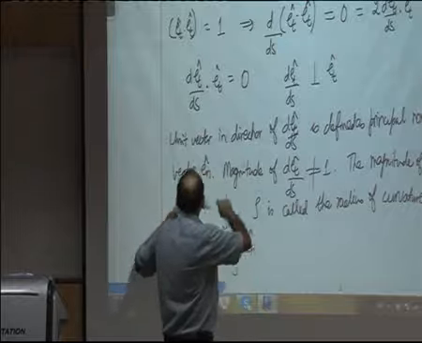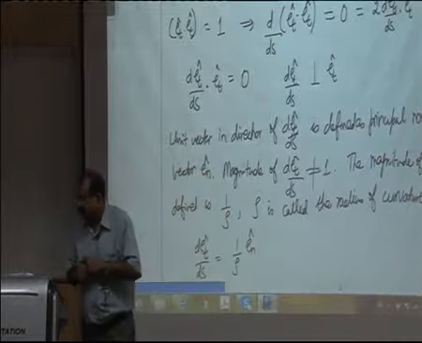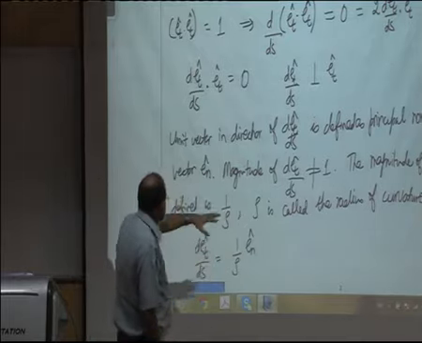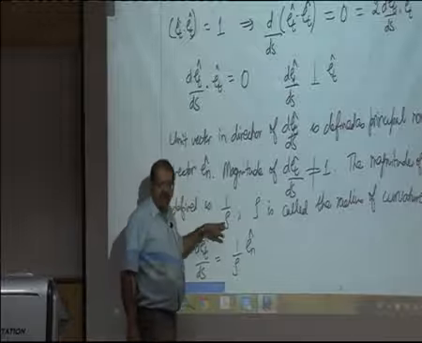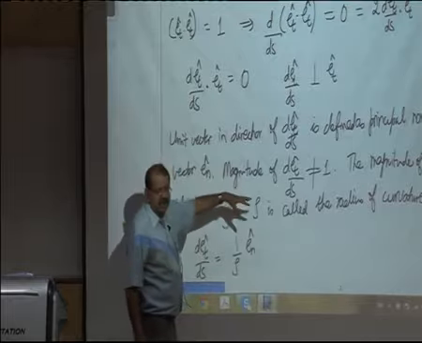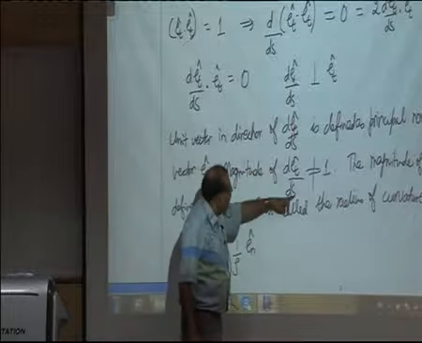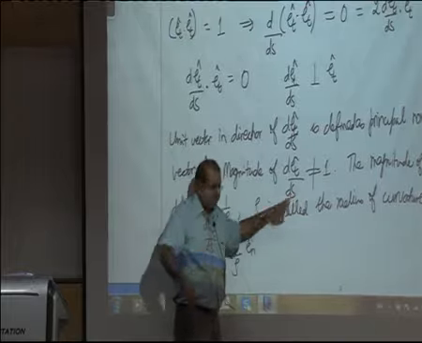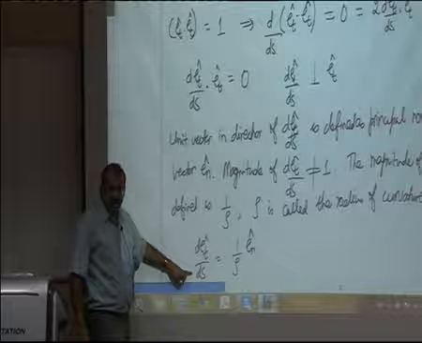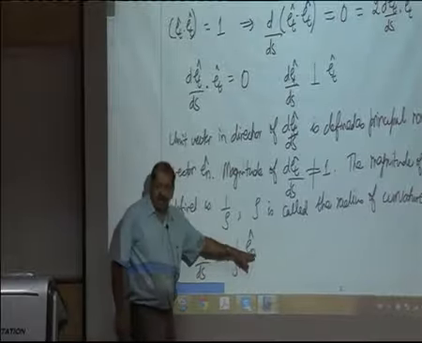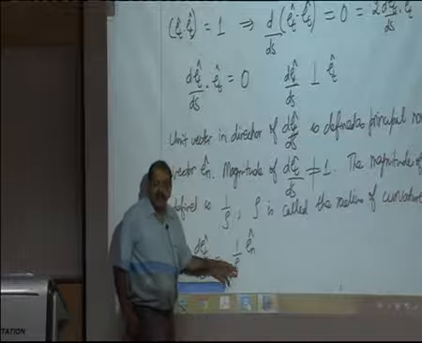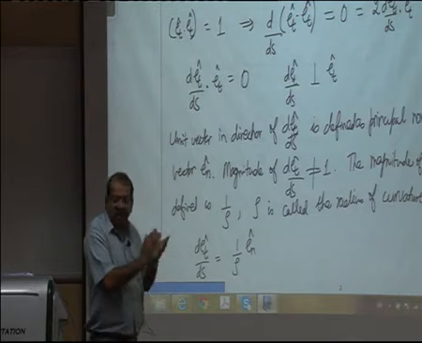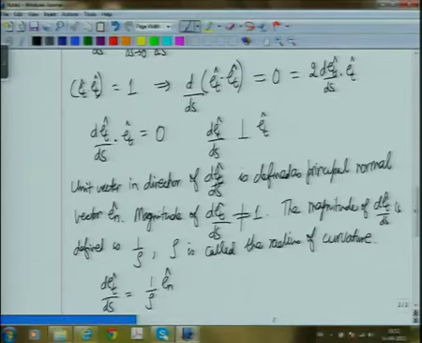We showed that the magnitude of dr by ds was 1, but the magnitude of det by ds will not be 1, and this magnitude we define as 1 over rho, where rho is called the radius of curvature. Dimensionally, s has dimensions of length, so when you write det by ds is parallel to En, with magnitude 1 over rho, you can say that is a constant of proportionality. Again, this is all definition.